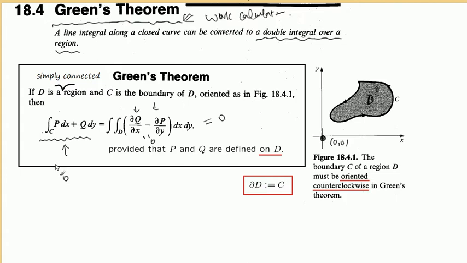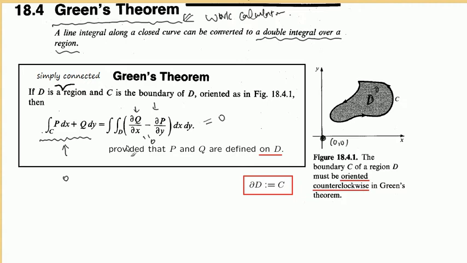Remember? The three: path independence, conservative, and the integral over any closed curve being 0. So if the curl is 0, this statement says the line integral is always 0 over a closed curve. Therefore, it is path independent. So this is quite an elegant proof if we understand why Green's theorem is true.